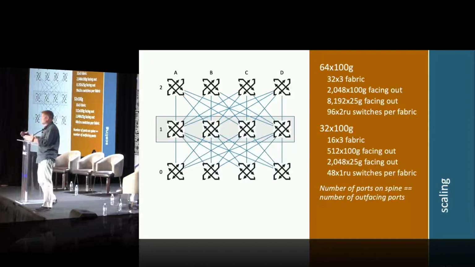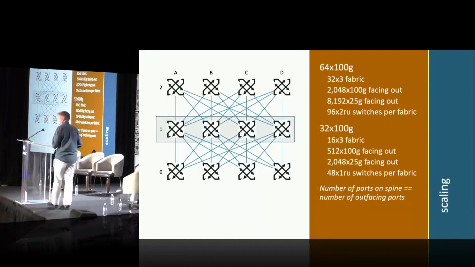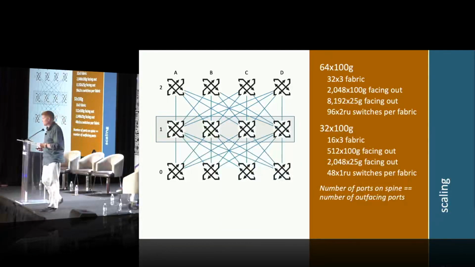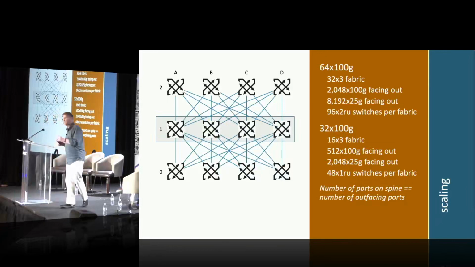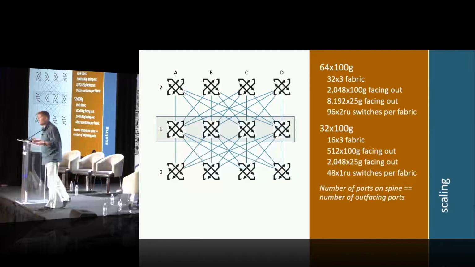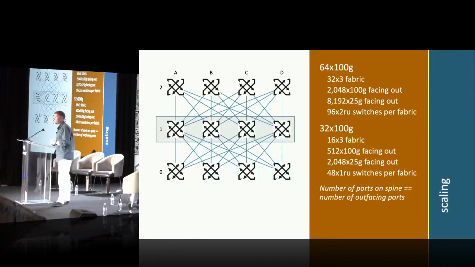Clos fabrics are always 3 stages, so it's going to be 32 by 3 with a 64 port device. If it's a 32 port device, it's going to be 16 by 3. And I can build 81, so the way I've played my little math here is, I'm running all 100 gig ports, and I'm using 4-to-1 optics to give me 25 gig down to my servers.